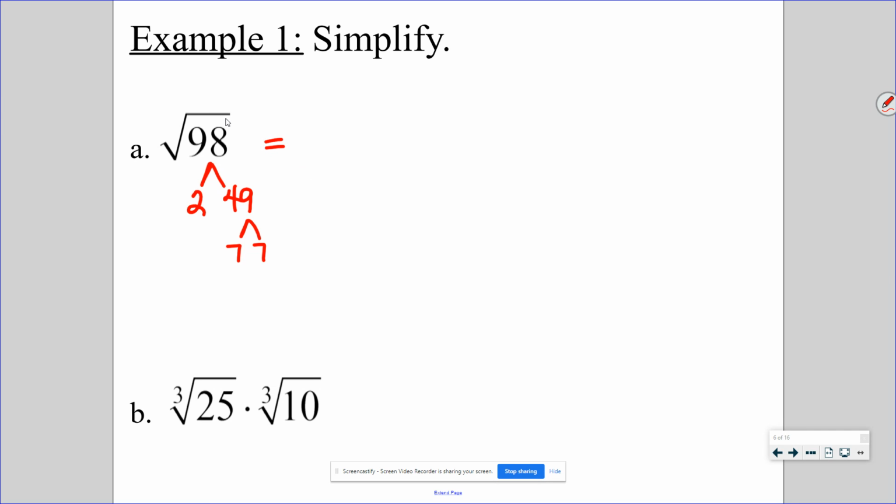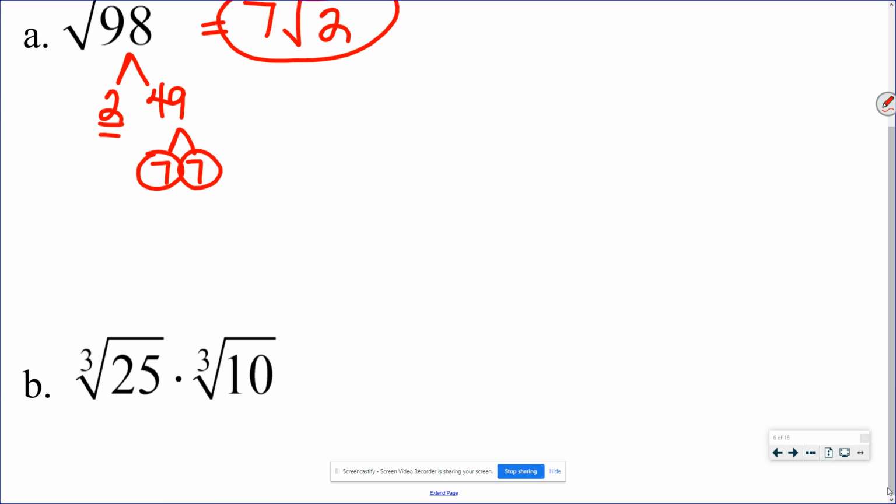Now this is a square root, so I'm looking for 2 matching numbers, which I do have. And because I have a matching set, that means I can take that number outside of the radical, and anything that doesn't have a match will go back inside of the radical. So 7 radical 2 would be the correct simplification for that problem. Let's go to the next one.